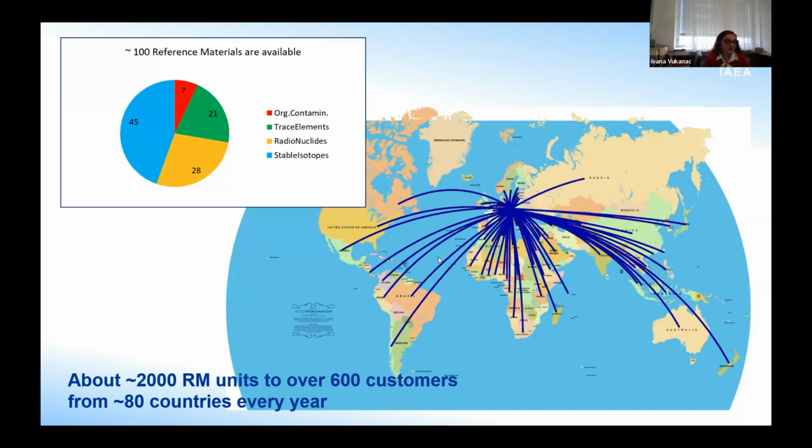Approximately a quarter is for matrix radionuclide reference materials, and we provide approximately 2,000 reference material units to over 600 customers from approximately 80 countries every year.